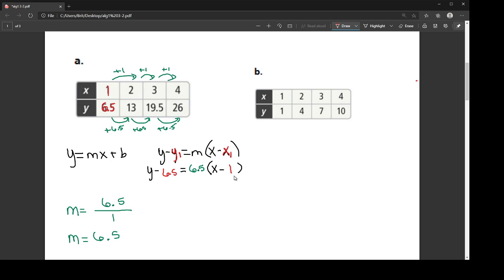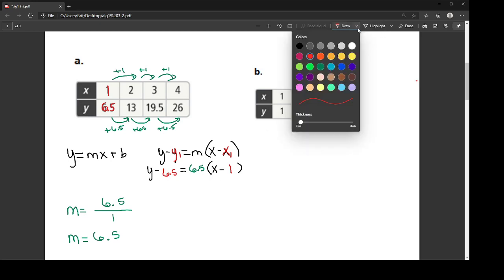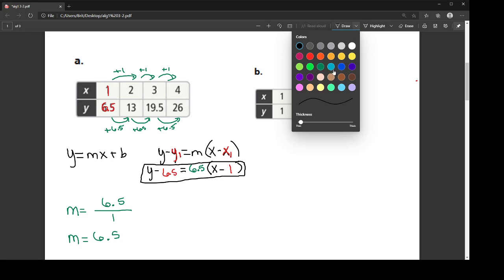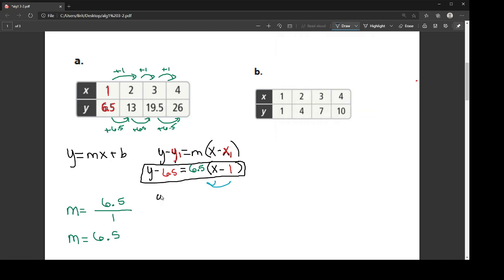Now this is the function rule. This is an acceptable function rule. If they ask me to write it in slope-intercept form, we can do that. I can distribute the 6.5 to the parentheses, which gives me y minus 6.5 equals 6.5 times x is 6.5x, and 6.5 times negative 1 is minus 6.5.